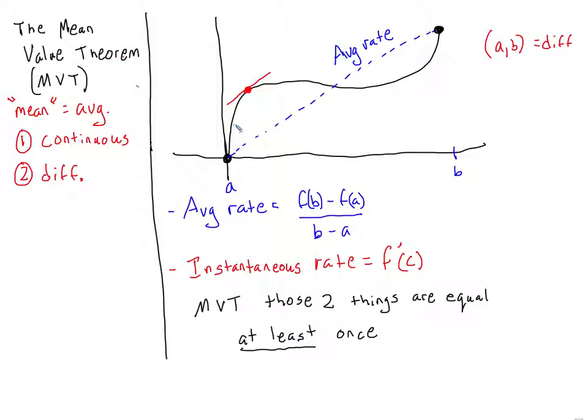Think about it in your minds. It's the bottom one, somewhere over here. It's right there. It might be a little bit up. Where can we draw a tangent line that is parallel to the average rate? So there's the tangent. Okay, my line should have been better, but that's also another place where the tangent line is equal to the average rate line. The slopes are equal, I should say.